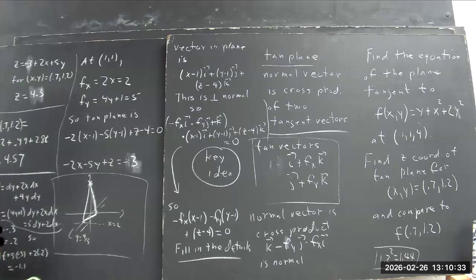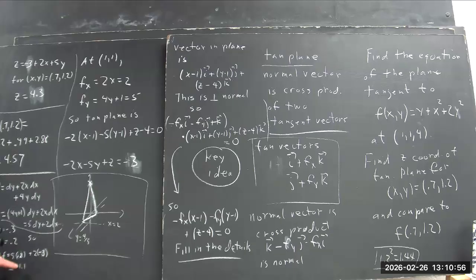No, it was right. But okay, it's 5 times, I got my dx and dy confused here. 5 times 0.2 plus 2 times negative 0.3.